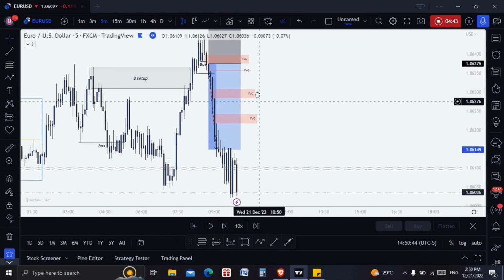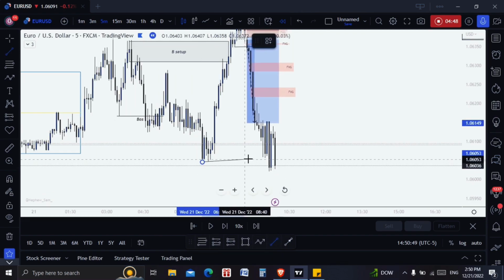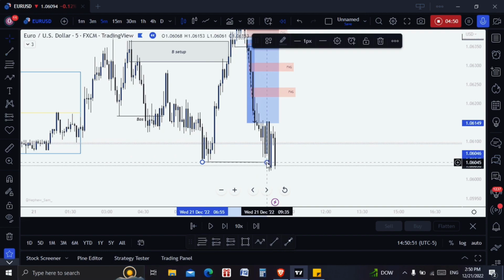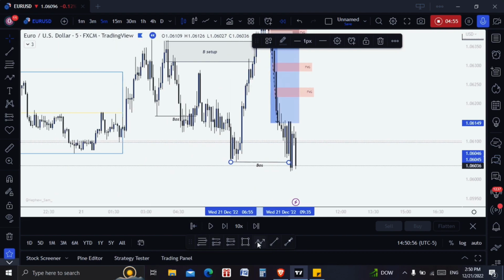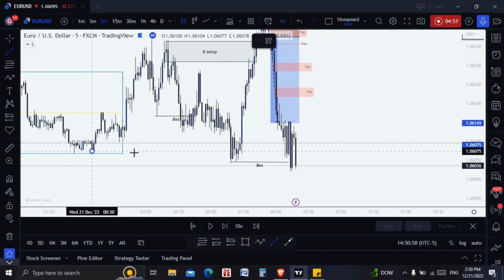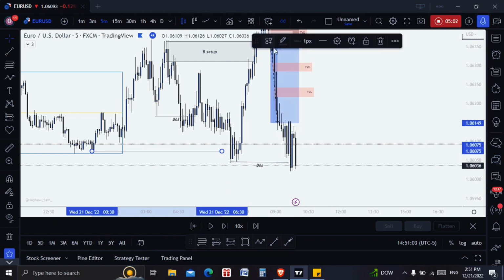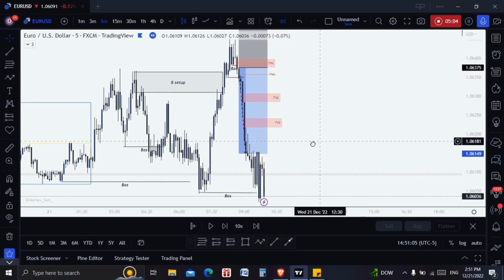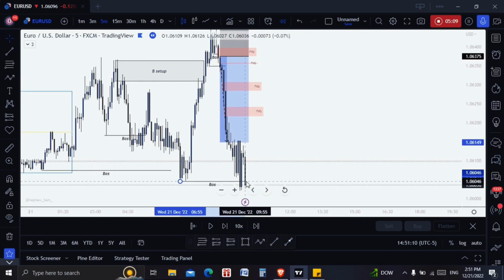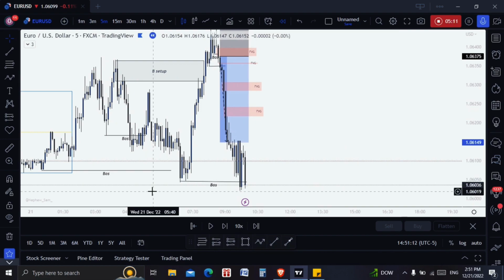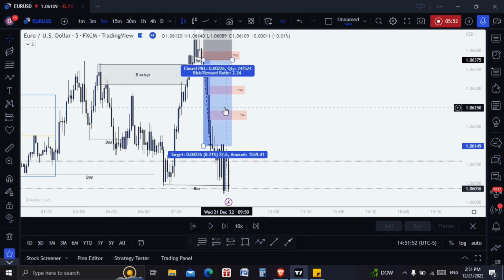And let's see what happens here. The market went ahead and broke structure right here. The market also broke this structure here. This major structure was broken. And then what would happen is, after this structure would have been broken, as you can see, we're clearly in a downtrend.